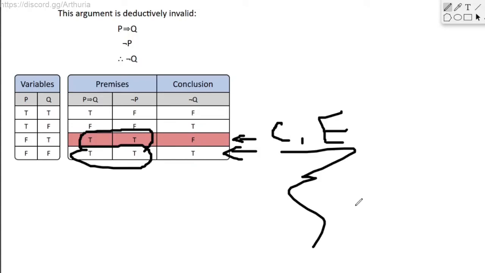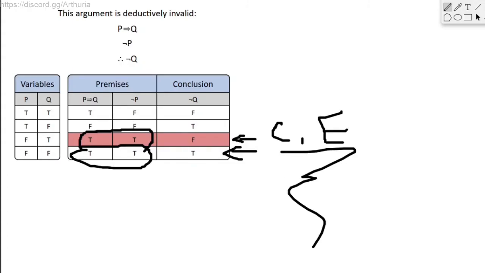Yeah, I get it. Now, there is the soundness versus validity distinction. A valid argument is, as we just described, one where there's never this case. A sound argument means that the premises are actually true together in real life. A sound argument is a valid argument where the premises are actually true in real life.